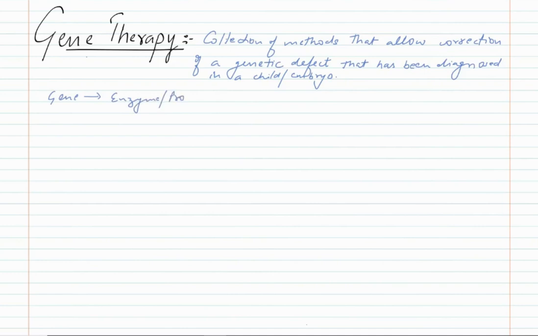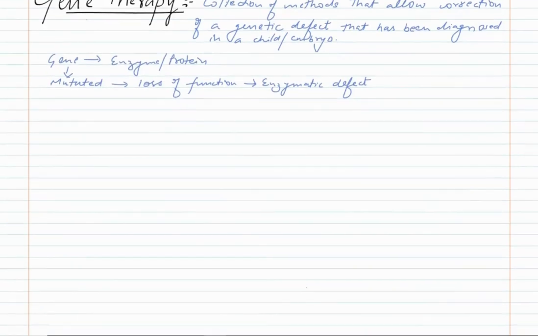Every gene produces some enzyme or a protein. If this gene is mutated, it will lead to loss of function, which will lead to enzymatic defect.